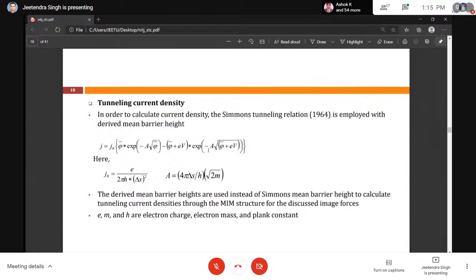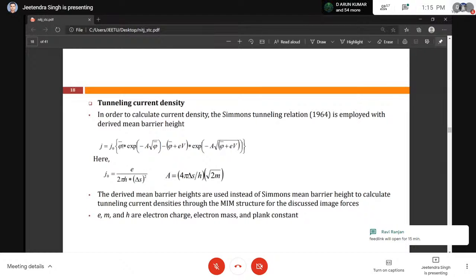Now, whatever mean barrier heights we have for the three cases, we will apply to the tunneling relations developed by the Simmons tunnel model, which uses probability concepts and more rigorous correlations to develop the tunneling current. In his model, he used the tunneling to determine the mean barrier height.